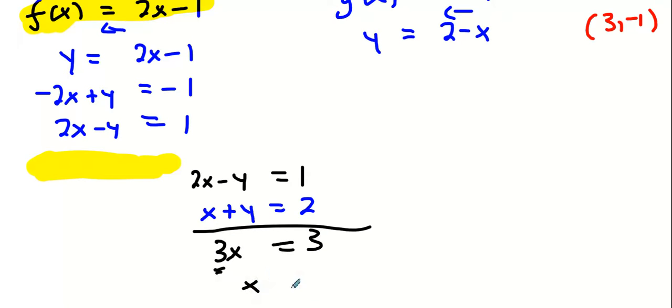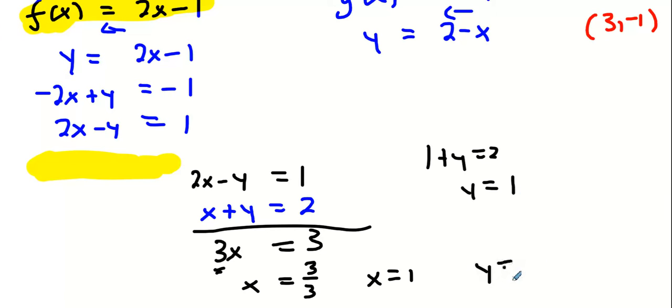This 3 here becomes division of 3 when it moves from left to right. This means x equals 1. Now we also know that x plus y is 2, so 1 plus y must equal 2. This implies y also equals 1. So this means y equals 1, which is the point 1, 1 as verified. Okay guys, that's it. That's 15, 16, and 17.